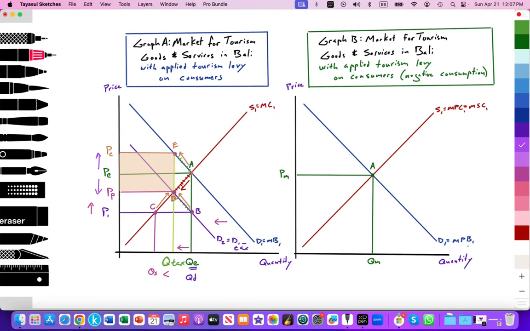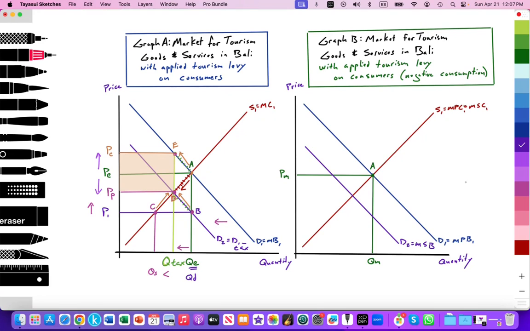Here we have D1 equal to the marginal private benefit, and it's an excessive amount of demand for this quantity in the free market at QM, providing a price at PM. The Bali government, Bali society would prefer a much lower demand for their tourism services. And so we'll label that here at D2, which equals the marginal social benefit.